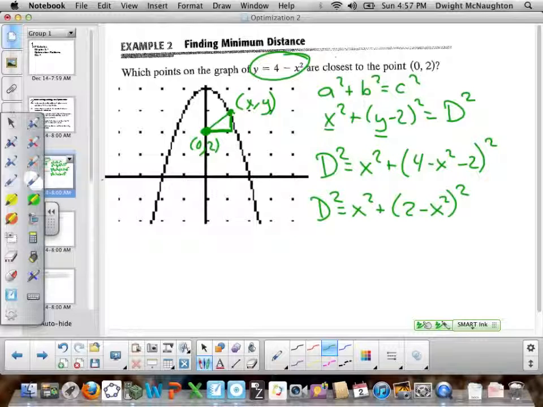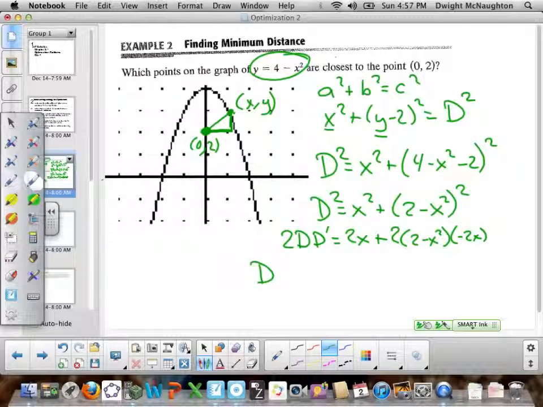And here we can go ahead and optimize. Let's take our derivative. I'm going to have to use a little implicit because I decided not to solve for D. So we'll do 2D prime equals 2x plus 2 times 2 minus x squared times negative 2x. And I want to know my derivative, so we'll divide by 2D.